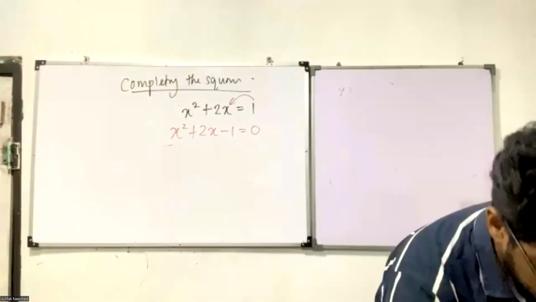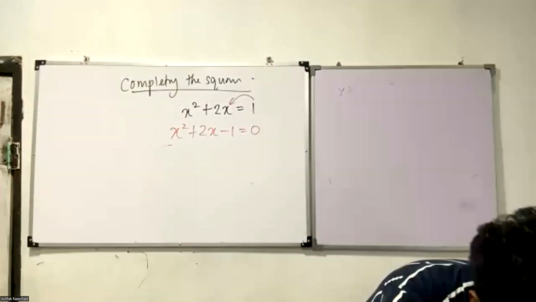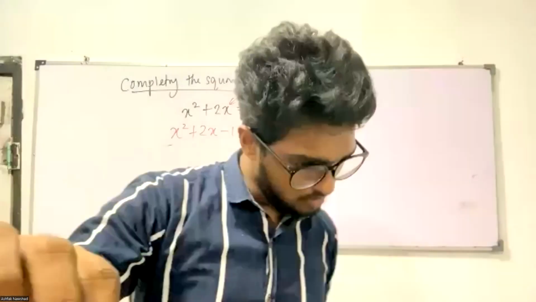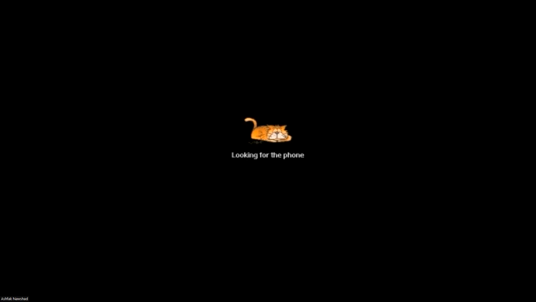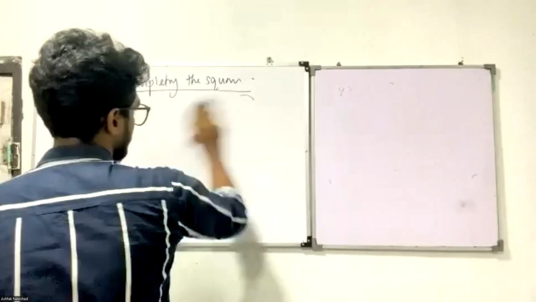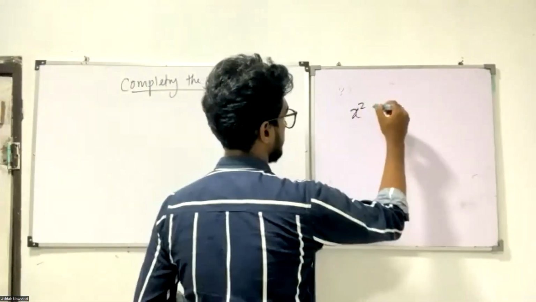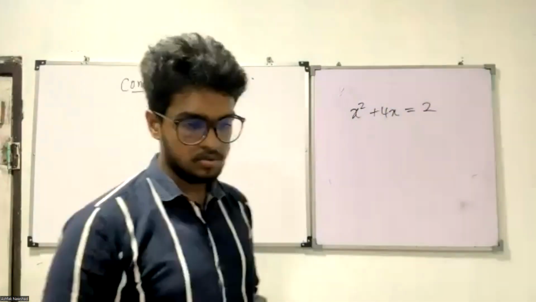Is that clear? Yeah, I can repeat. See, they have given you a question like this: the equation x squared plus 4x equals 2, and they have asked you to solve for x.